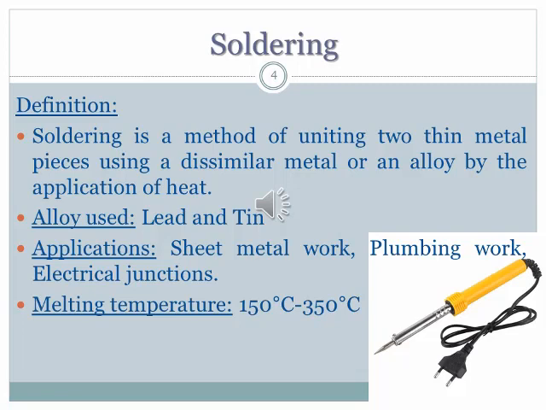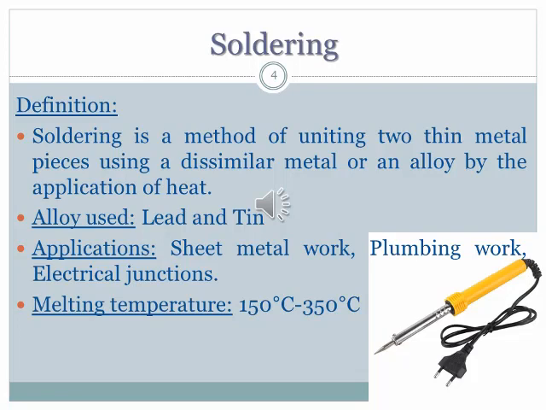So soldering is a method of uniting or combining or joining two thin metal pieces or metal plates using a dissimilar metal or an alloy by application of heat. Most of the time the alloy used is either lead or tin or a combination of both.